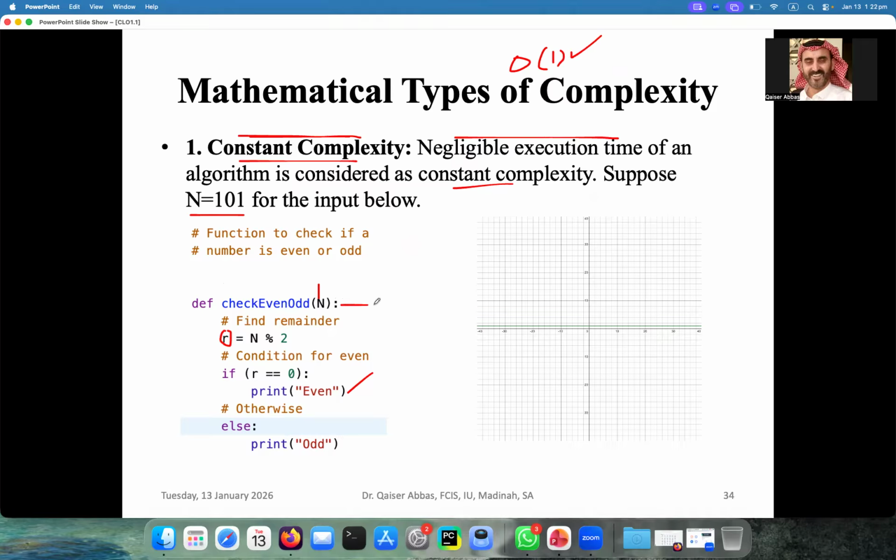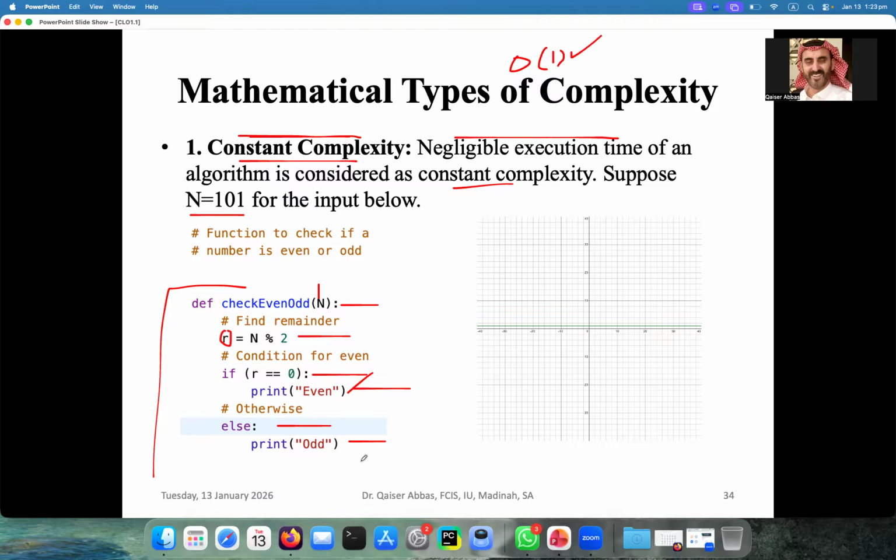Now this is order of one, this is order of one, this print statement is order of one. This algorithm does not have any loops. I am considering running time. If you sum up the order of ones, it will be order of maybe seven, but seven is again a constant.